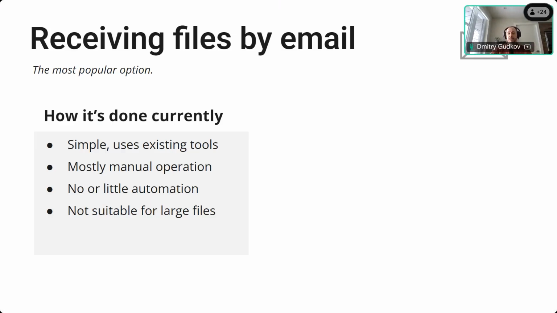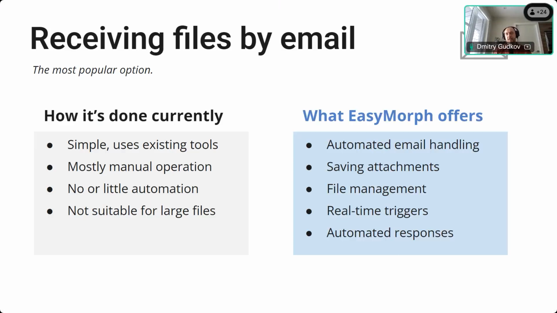However, this process can be improved, and EasyMorph offers automated email handling, where you can sort, classify, categorize incoming emails, save attachments and zip attachments, rename, move files to specific folders or disk locations, SharePoint folders, and whatnot.